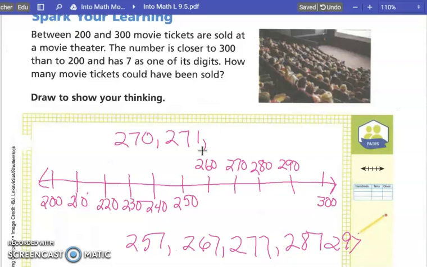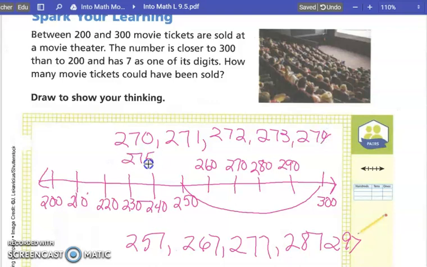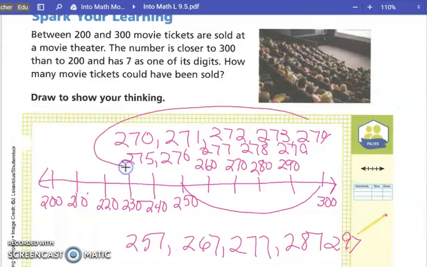Because any number from here to here, we're going to round up to 300. But since this one had to have a 7, it did limit our choices down to either these or these. Okay?